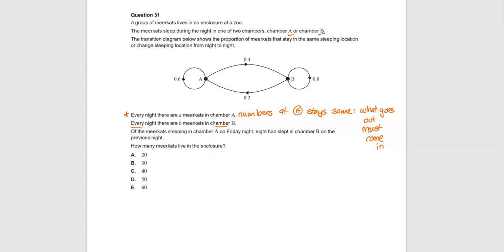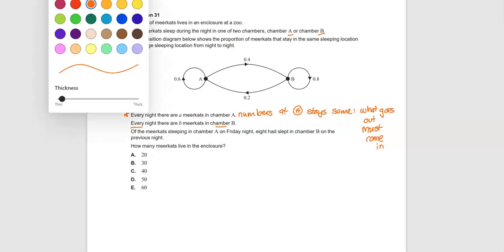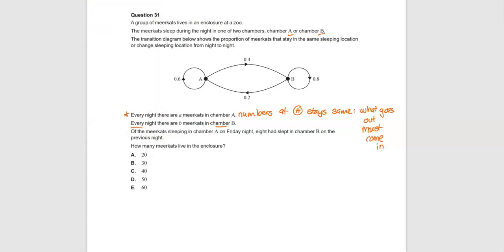All right. Of the meerkats sleeping in chamber A on Friday night, 8 had slept in chamber B. So what we've seen there is they've just told me if I was at B and I went to A, 8. So this is the B amount and this is the A amount.